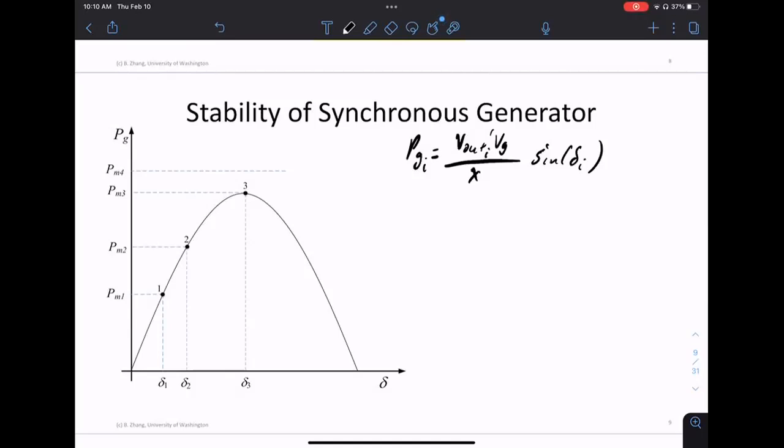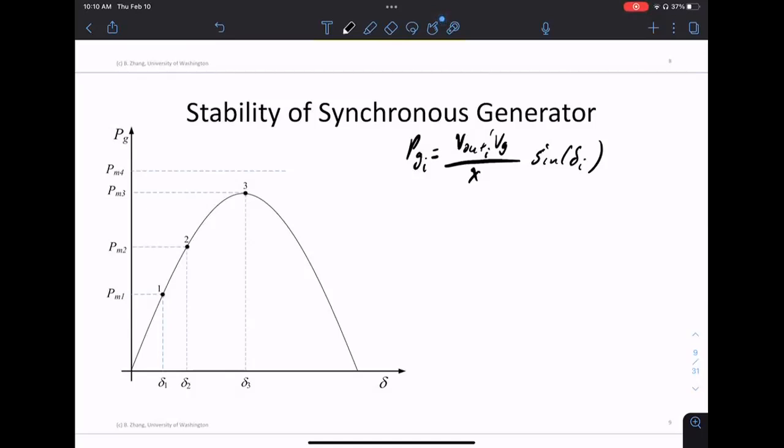Okay, so there are some points that are impossible. You can never operate at this point. But anything along this curve is possible. So PM is your input power here. The reason that you want to stay on this side of the curve and not this side can be seen by looking at what happens.